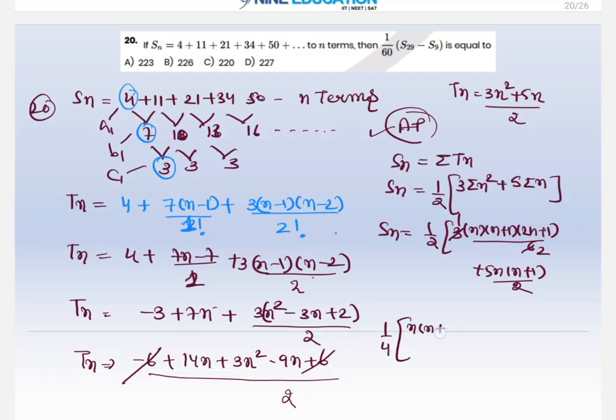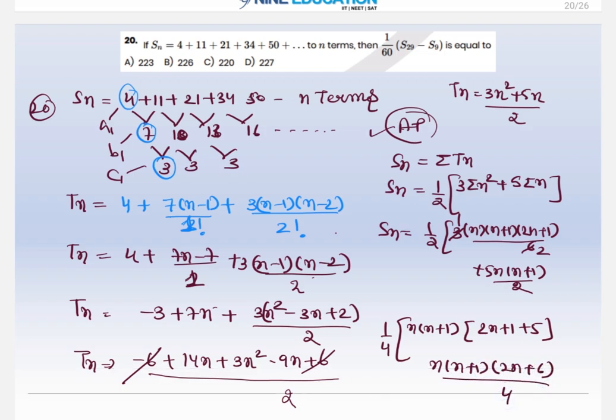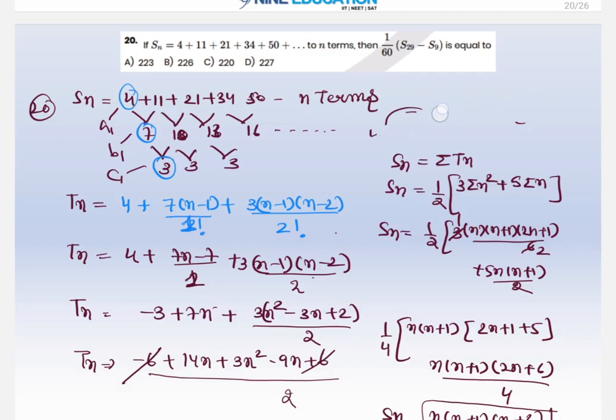Also we can take n into n plus 1 outside. So this is 2n plus 1 plus 5, makes it 2n plus 6. So n into n plus 1 into 2n plus 6 by 4. Again, if we take 2 outside, this will be n into n plus 1 into n plus 3 by 2. This is Sn.